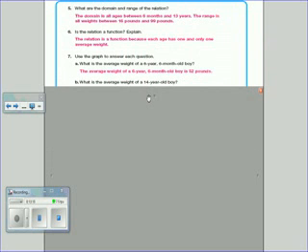Okay, 52 pounds. What is the average weight of a 14-year-old boy? No, that's not on there. What do you think? This requires you to think a little bit harder because it's not in front of you. Any ideas?